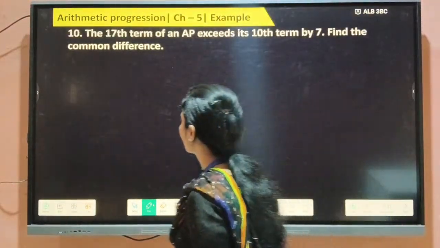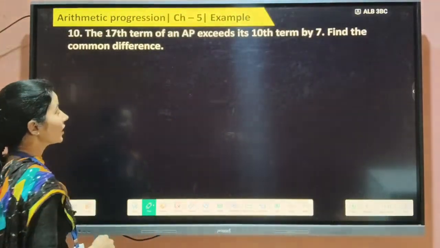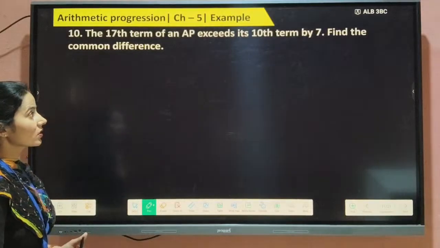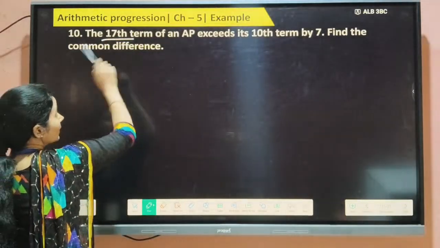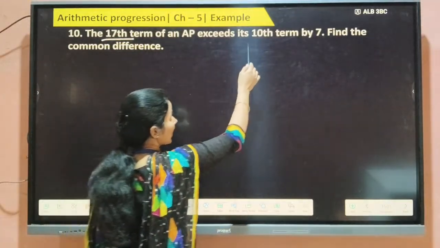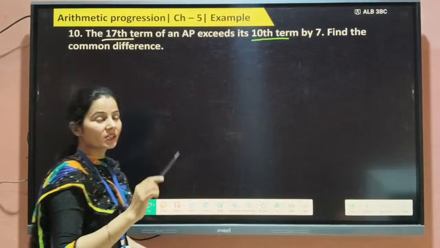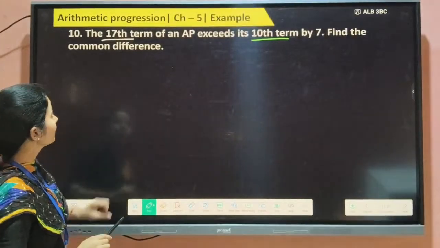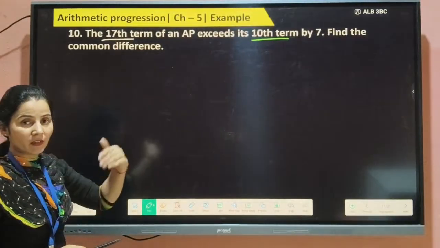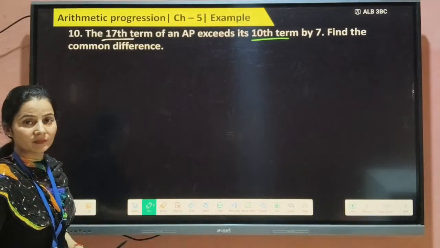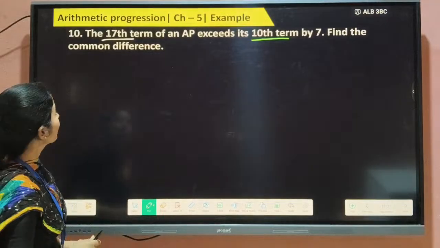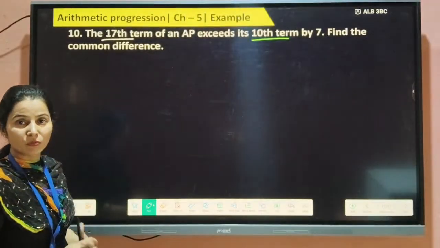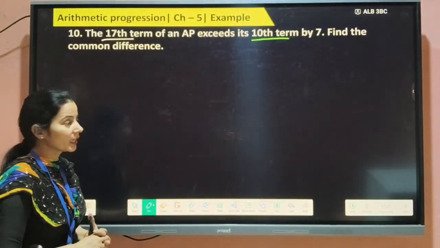Question number 10. The 17th term of an AP exceeds its 10th term by 7. This means the 17th term is 7 more than its 10th term. Find the common difference. We need to find the common difference of this AP.